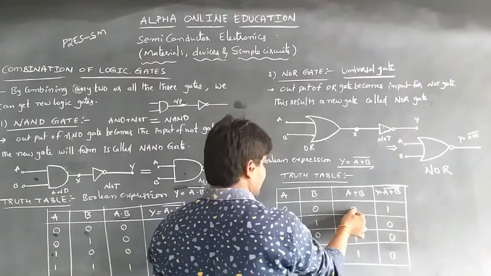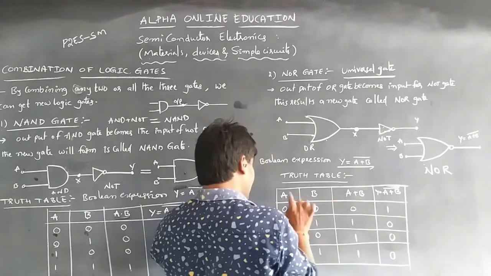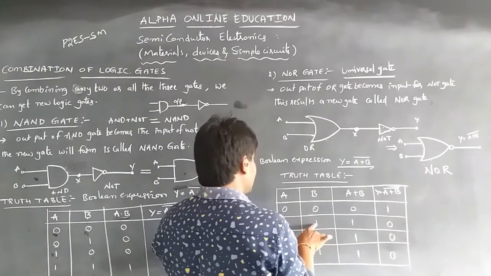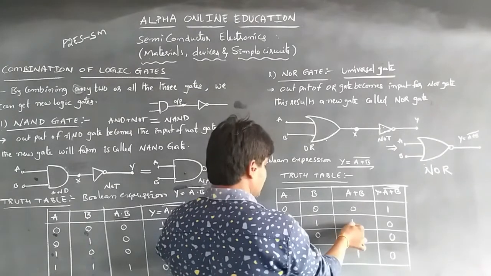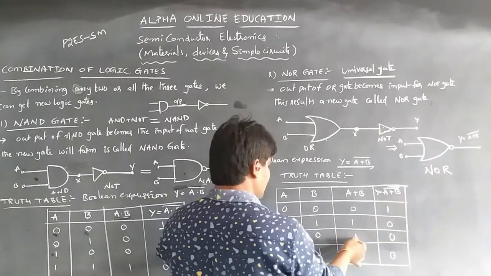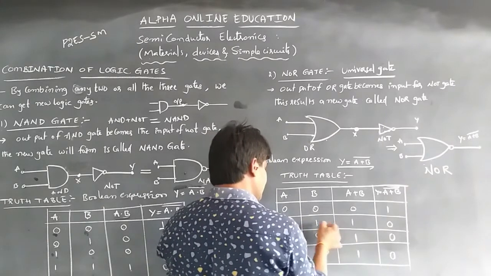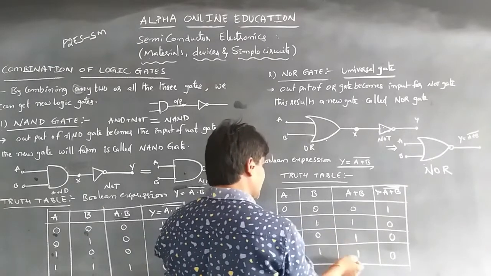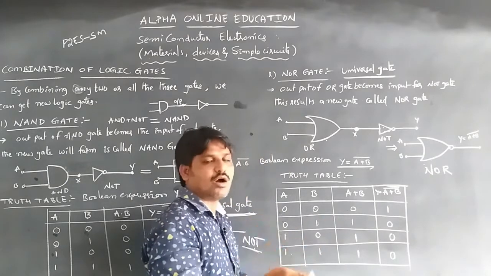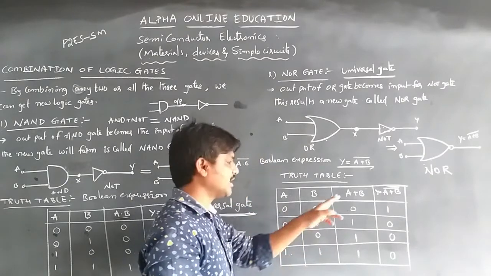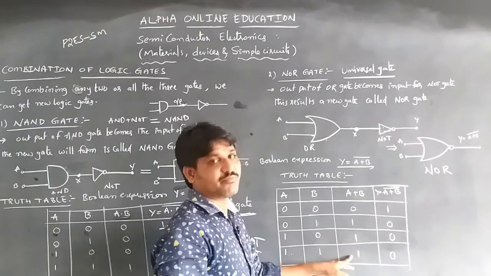If any one of the values is high, as in 0 1, 1 0, or 1 1, the output is high. Either one or all of the inputs being high gives a high output in the OR gate.